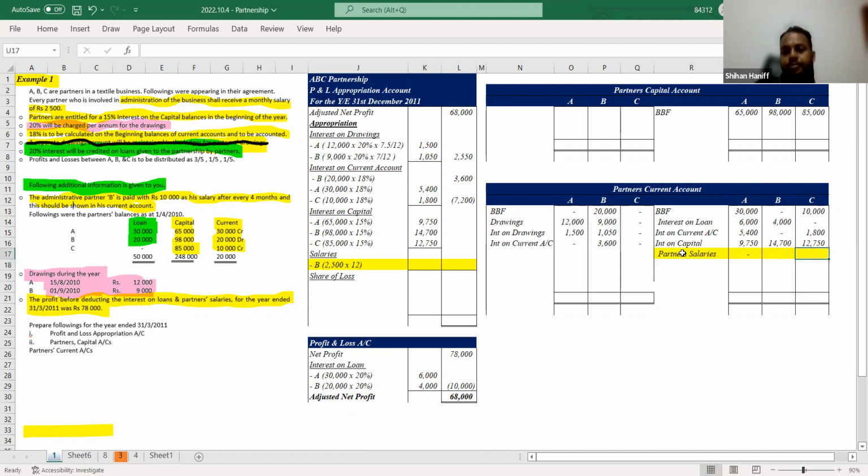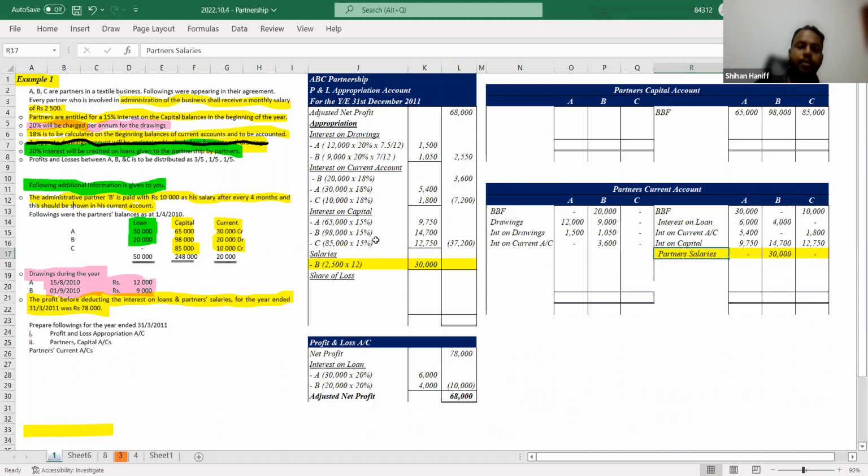Only B. $30,000. So there is salary payable.